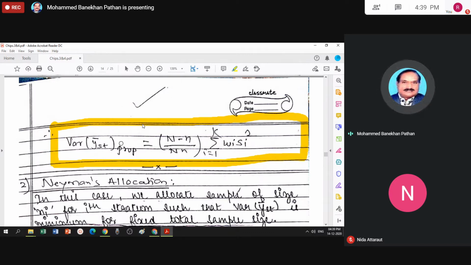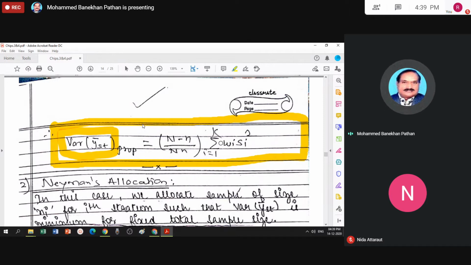If you look, the original formula of variance of y bar st without allocation is summation i equals 1 to k of capital Ni minus small ni divided by capital Ni into small ni multiplied by wi square si square.